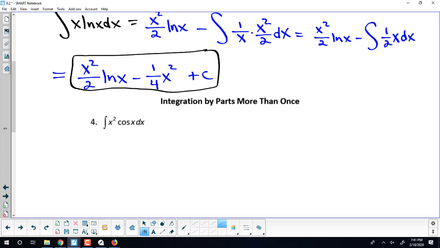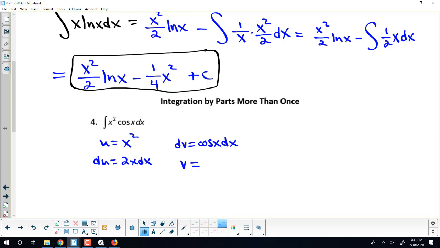Algebraic function and our trig function. So we're going to let u be our algebraic, x squared, and our dv then is cosine x dx. du is 2x dx. And v would be what?